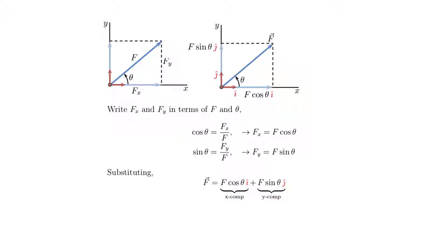Substituting these trig expressions into the Cartesian form of the vector f, we can write the vector components fx equal to the vector magnitude f times cosine of angle theta, and fy equal to the magnitude f times sine of theta.